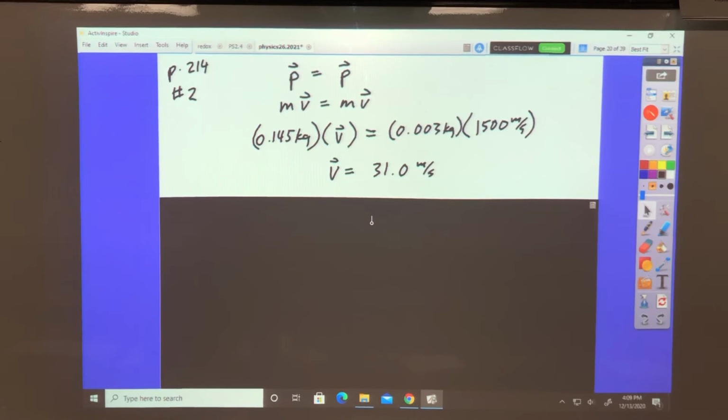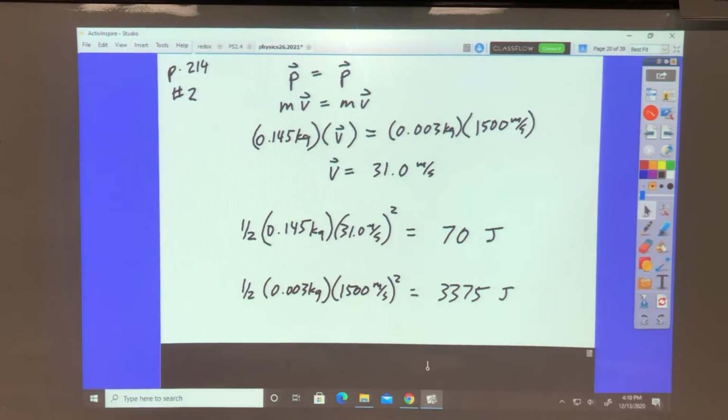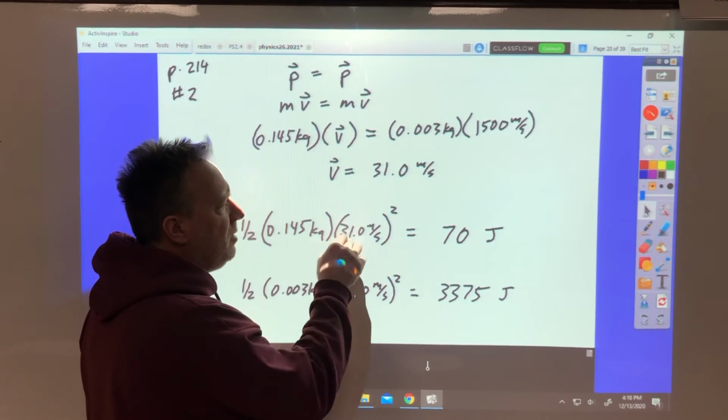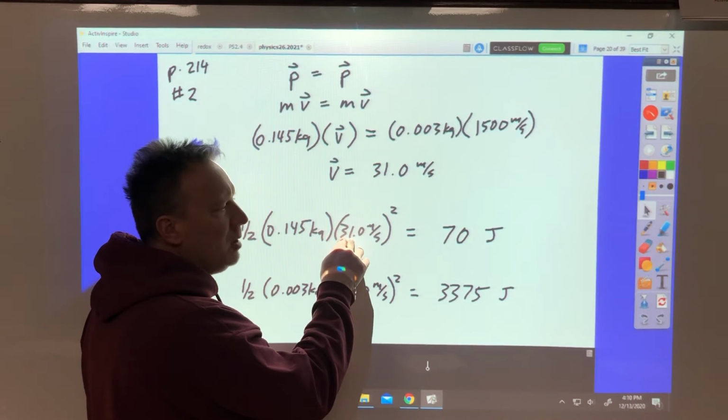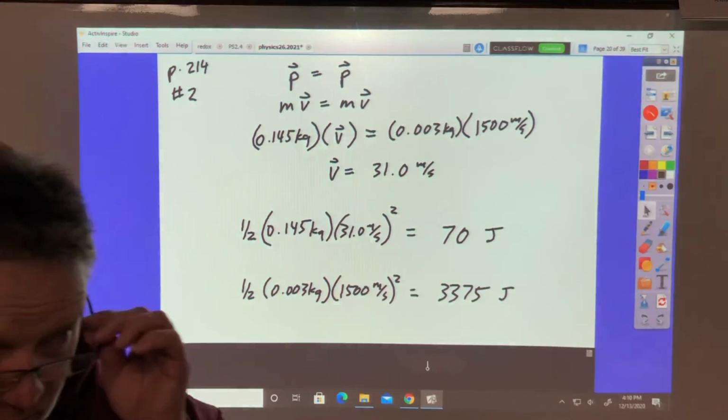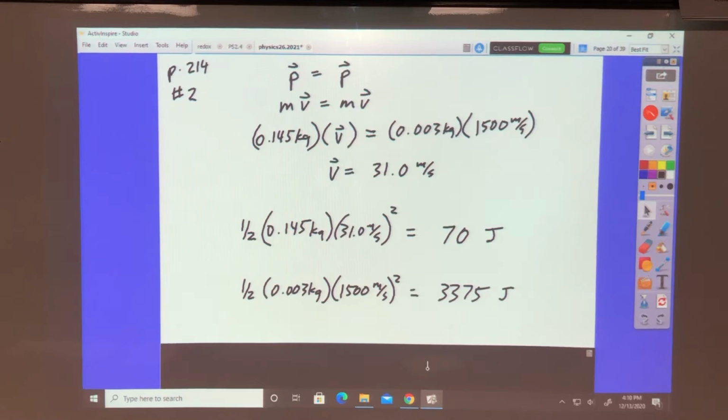Number B, which has the greater kinetic energy, the ball or the bullet? Okay, well the ball is 0.145 kilograms times a half times 31 meters per second squared, which comes out to be about 70 joules. I'm not sure that number is right. That seems awfully low.